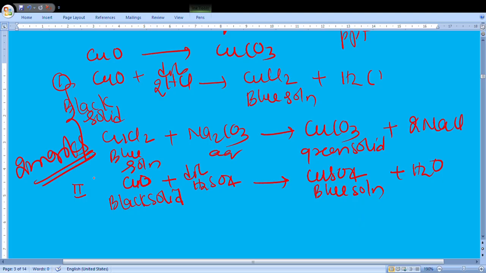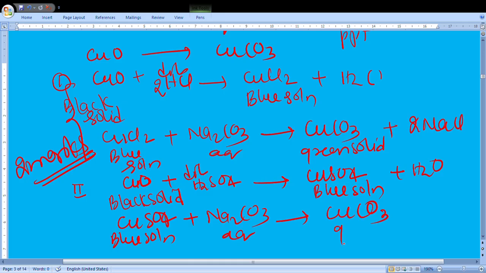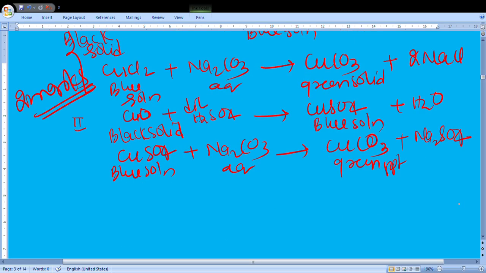This CuSO4 blue solution will be treated with Na2CO3, not H2CO3, to give rise to CuCO3 as a green PPT plus Na2SO4.